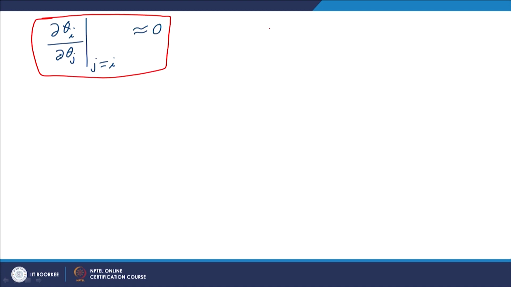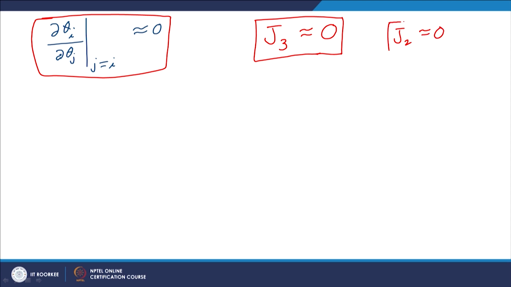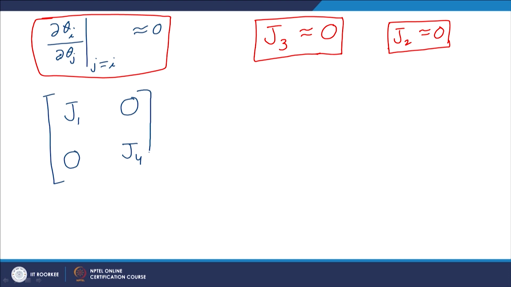So, this matrix is also a null matrix, and we have already seen in the last lecture that J2 is also a null matrix. So now we have J1, then a null matrix, another null matrix, and J4. J4 we have not as yet looked at.